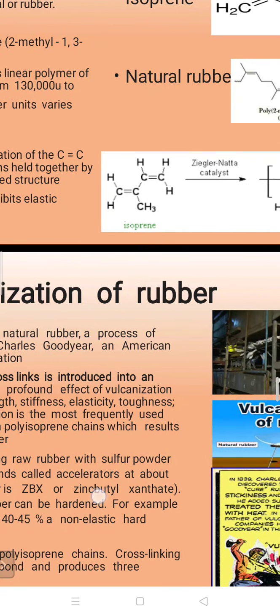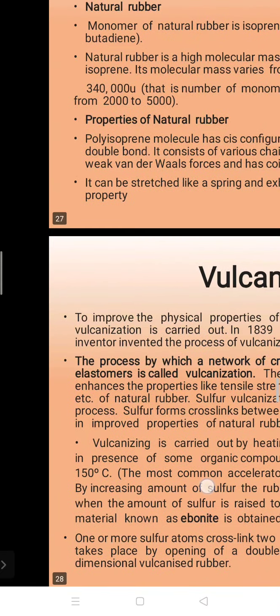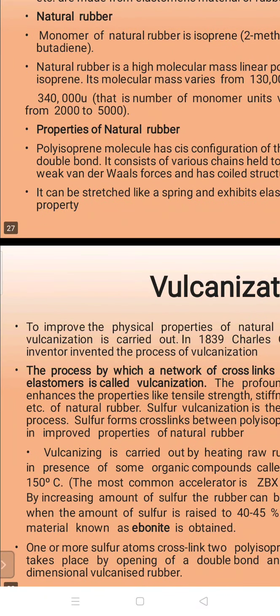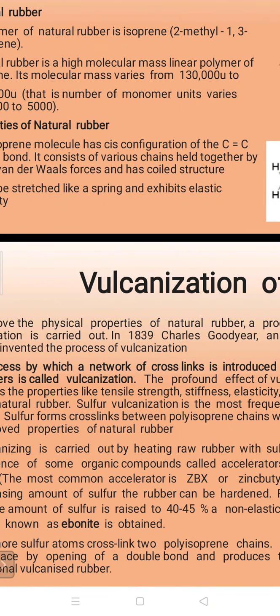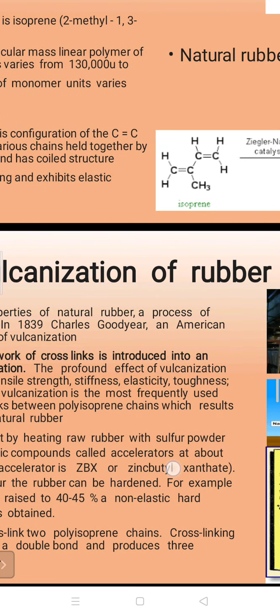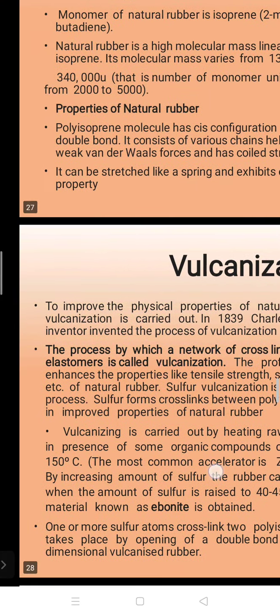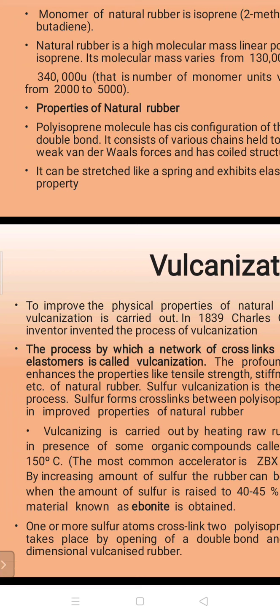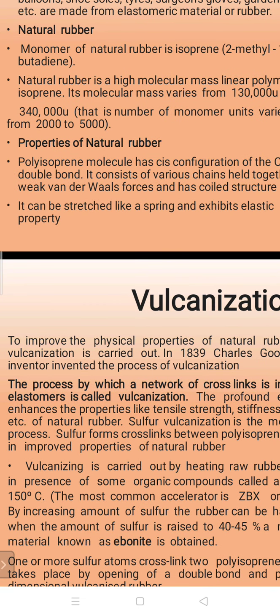Now, the profound effect of vulcanization is that it enhances, means increases, properties like tensile strength, stiffness, elasticity, toughness, etc. of the natural rubber. Because natural rubber we cannot use directly for making tires or tire cord, so the rubber is not processed this way. For that, one important ingredient is required, that is sulfur.